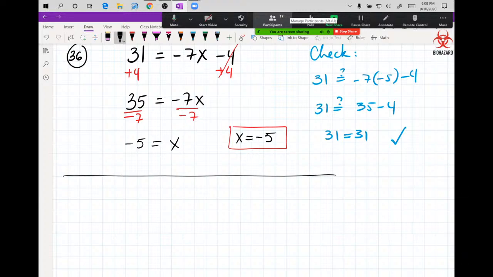Let's take a look at a slightly spicier case. Problem 38 is going to have z minus 5 on the left and 5z minus 3 on the right.